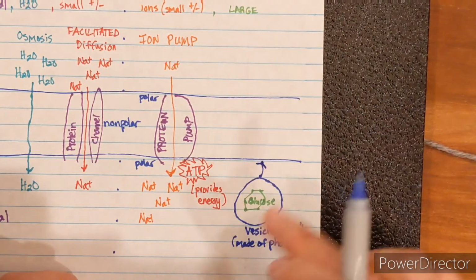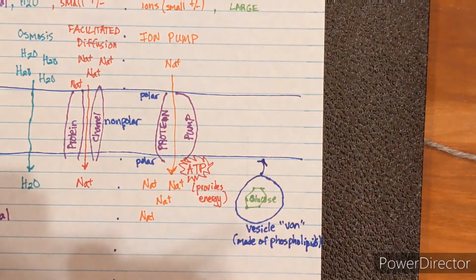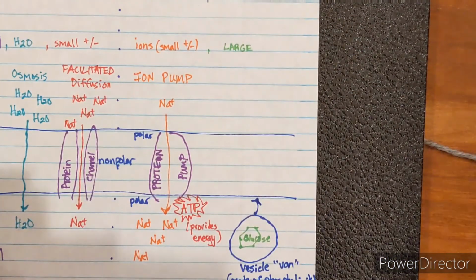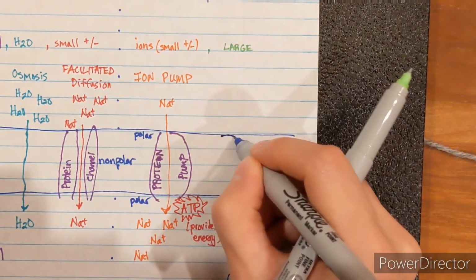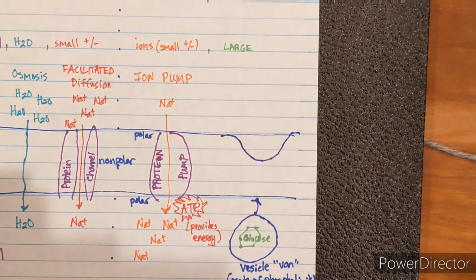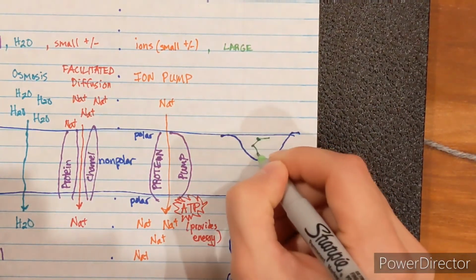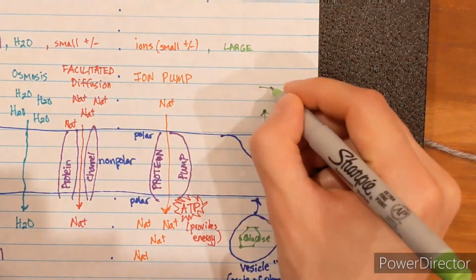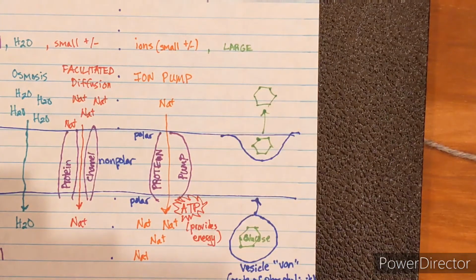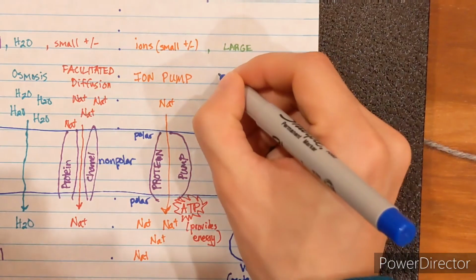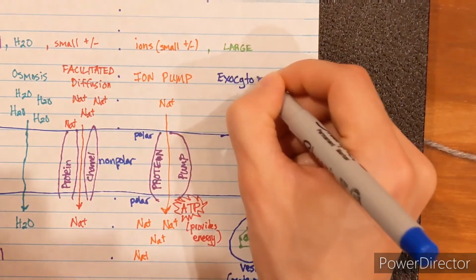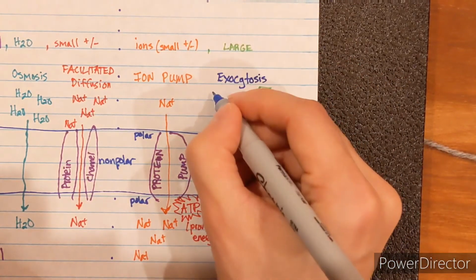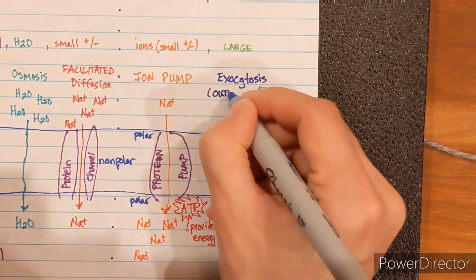They're going to fuse with the membrane, and they're going to allow glucose to be expelled. Sometimes I can kind of show this maybe a little bit this way. And in this case, I would call this exocytosis. Exocytosis, remember, is exiting or going out of the cell.